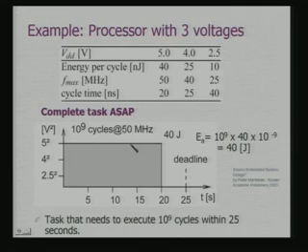It says that the task takes 10 to the power 9 cycles at 50 megahertz. So, if it takes that at 50 megahertz, what is the energy consumption? It is 40 joule, okay, and this is calculated by this formula. So, I am finding that I can finish off the task in 20 seconds if I am using the processor at the highest voltage and highest frequency.